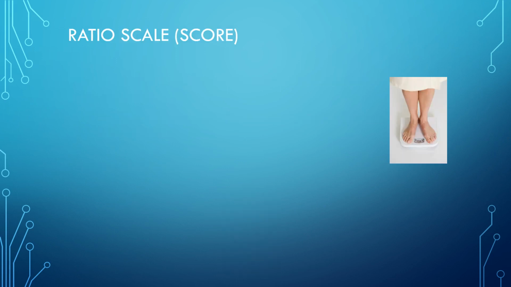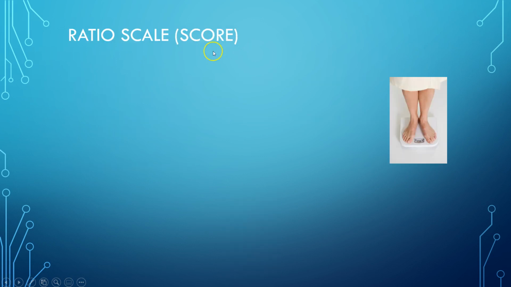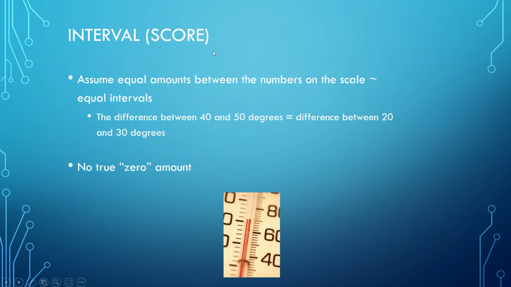Now, interval and ratio, these are both score variables, as you can see here. In our textbook, we're going to consider them both the same as score variables, but I will tell you the difference, and you might remember these differences from your statistics class.